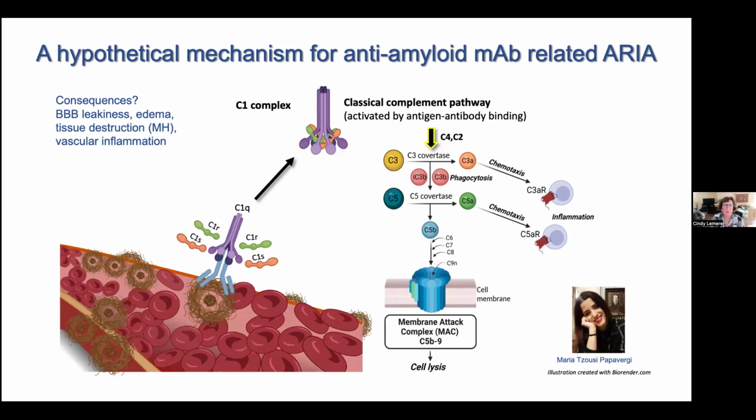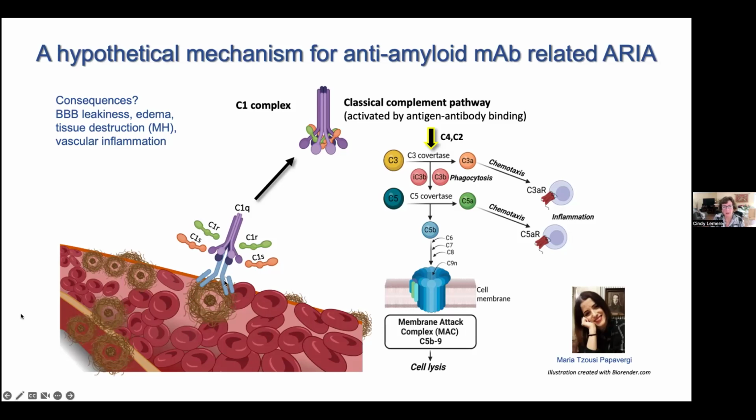So this is our hypothetical mechanism for anti-amyloid beta amyloid-related ARIA. First, we think that vascular amyloid exists along the blood vessel walls, and that the antibodies are coming in through the subarachnoid space and subpial space and may get into the perivascular space.